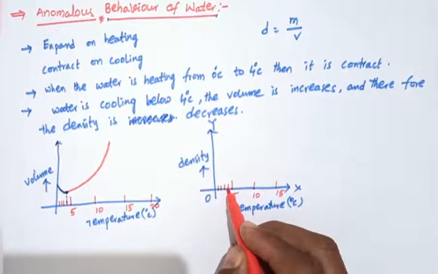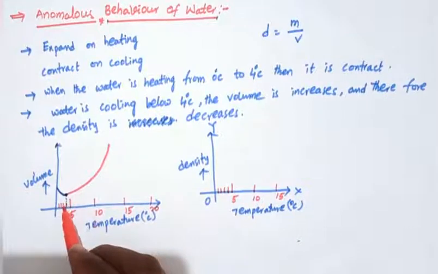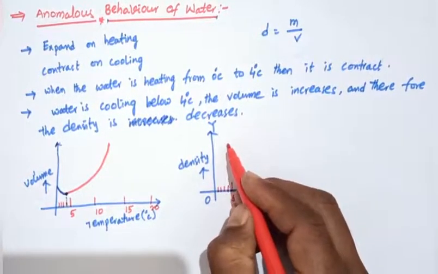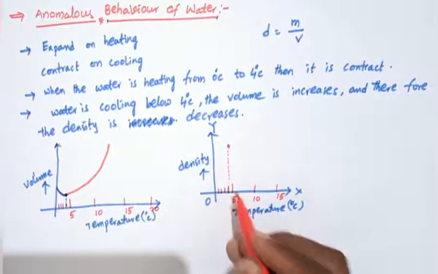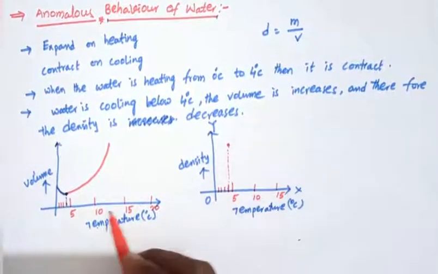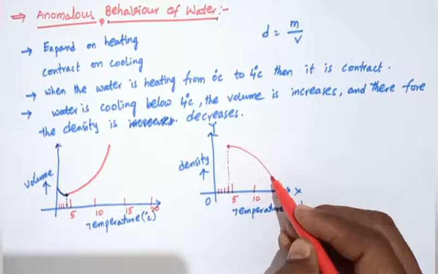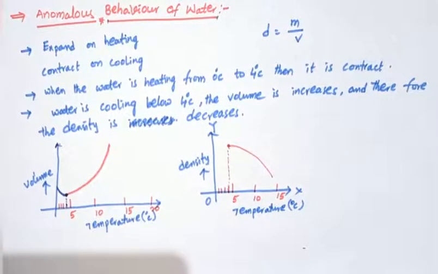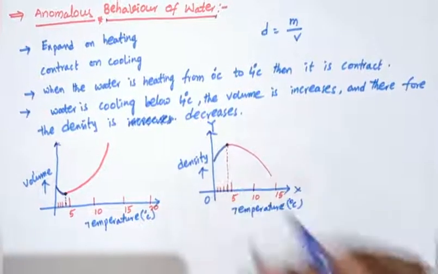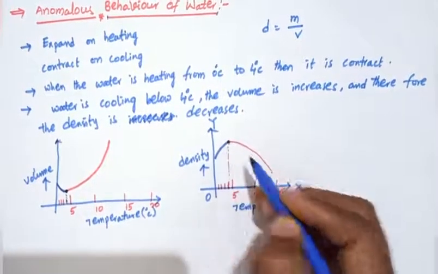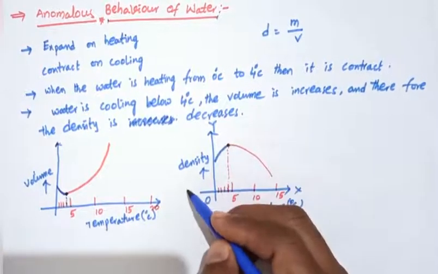The volume at 4 degrees Celsius is minimum, so the density is maximum at 4 degrees Celsius. When it is heating, the density decreases, and when it is cooling also, the density decreases. Cooling increases the volume and decreases the density.